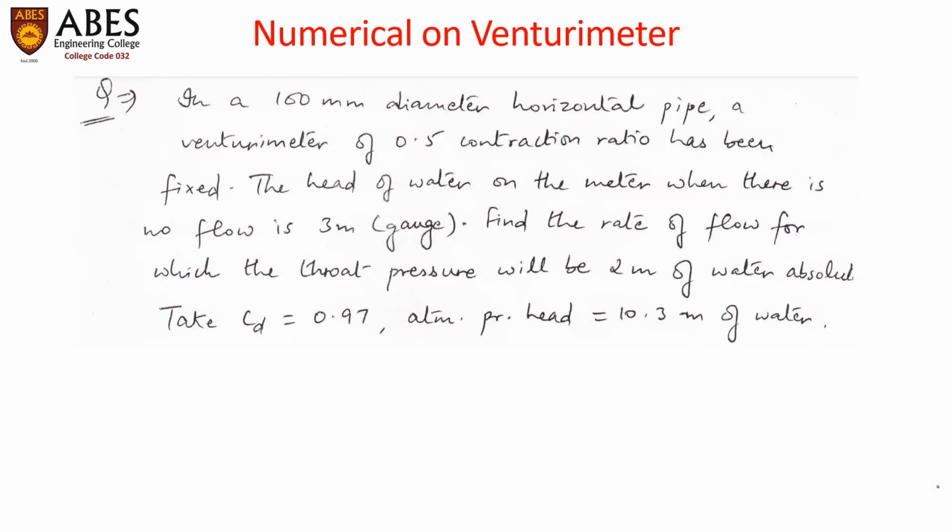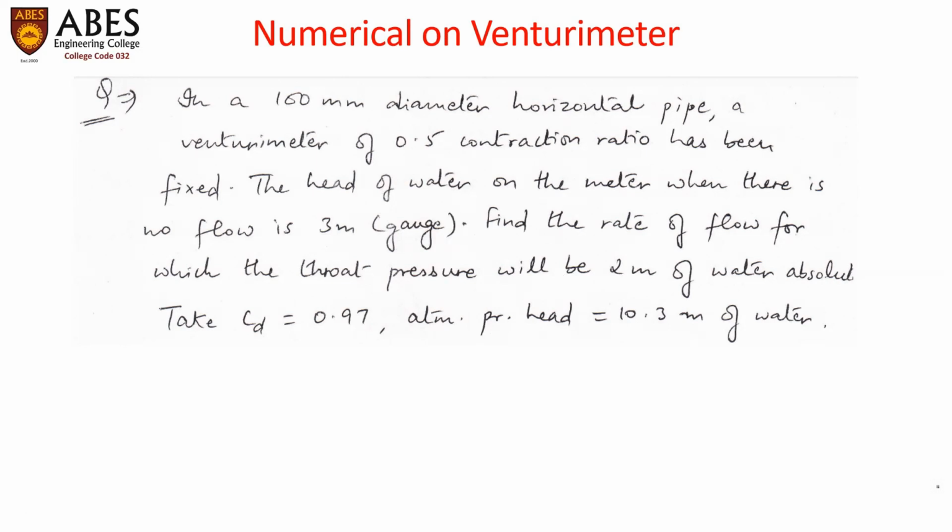But in absolute terms, the absolute pressure at any point will be the gauge pressure plus the atmospheric pressure. In the question it is also given that atmospheric pressure head in terms of water column is 10.3 meter of water. So we can add this value to the 3 meter gauge, and it will be the absolute pressure head at the inlet.